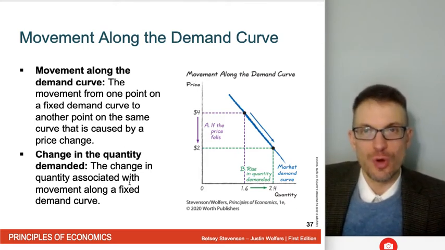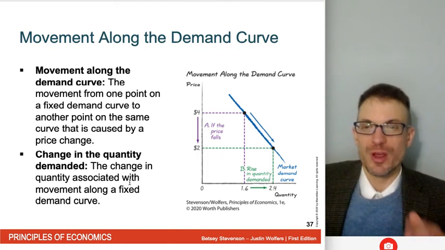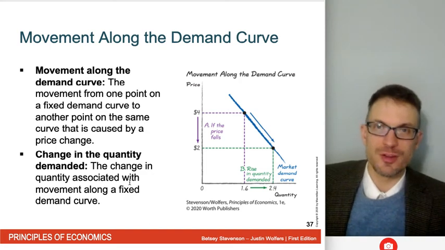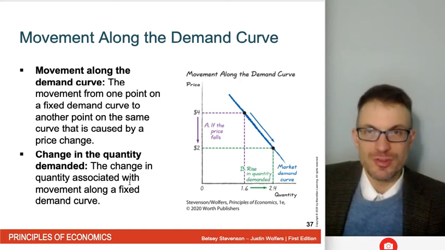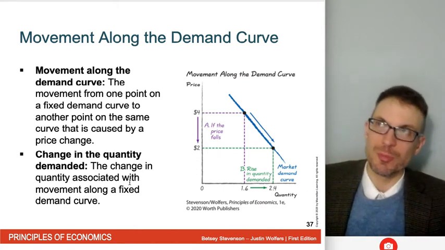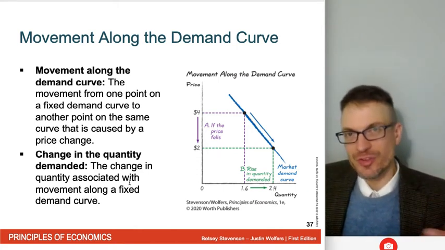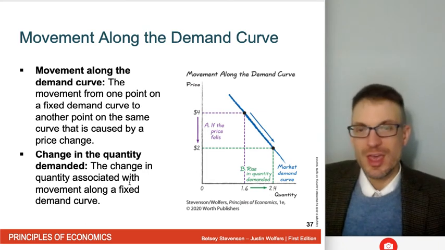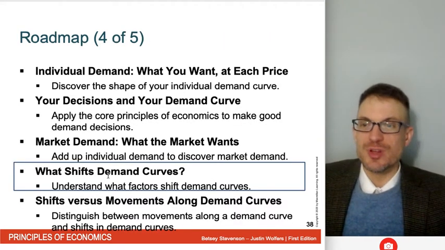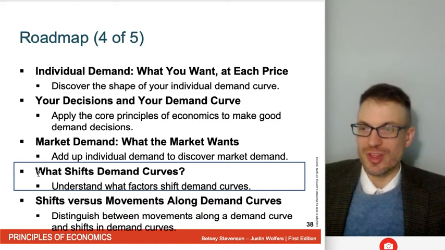If price changes, only quantity can change. If price rises, quantity demanded falls. If price falls, quantity demanded rises. We'll have something very similar for supply. Actually, it turns out if price rises, quantity supplied rises. If price falls, quantity supplied falls. In order to get demand or supply as a whole to change, we need something other than price to change. That's what this is going to be.